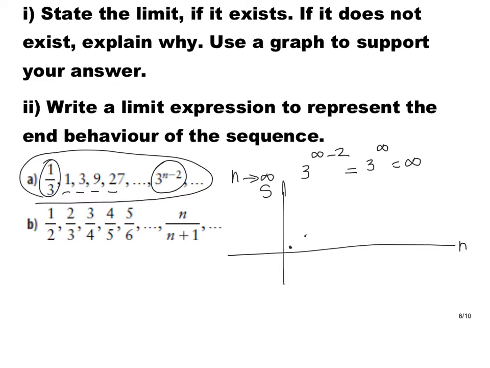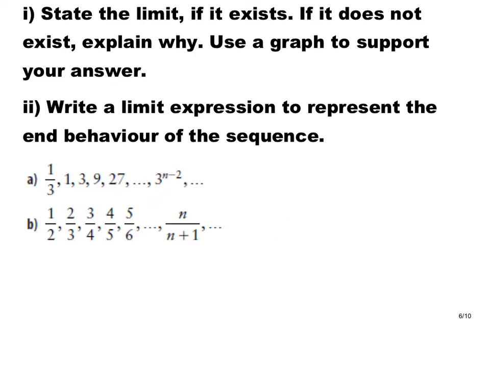Then term 3 is 3, so it's going to be somewhere around here, and this continues going up. So that shows that this series here is not going to have any limit.